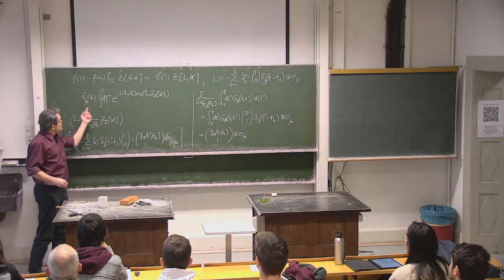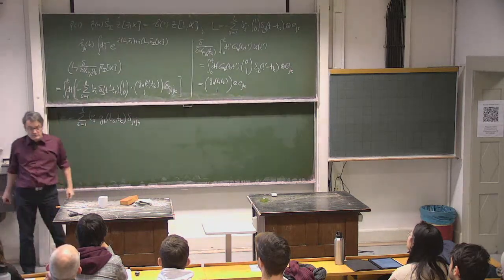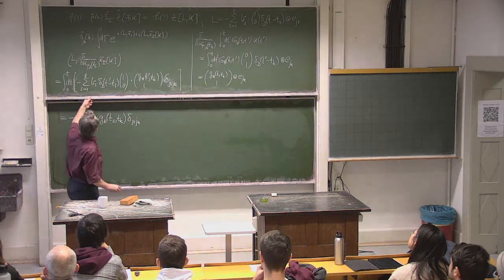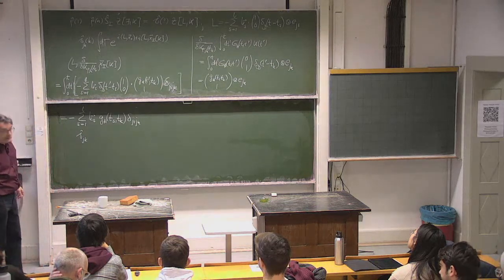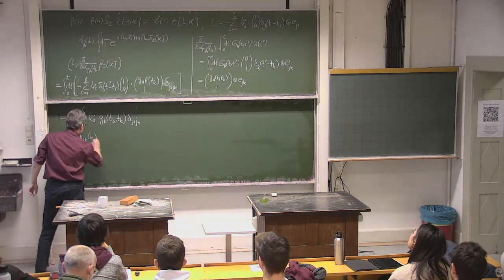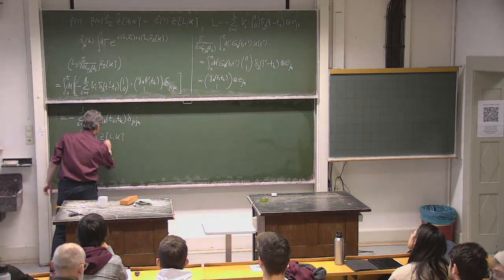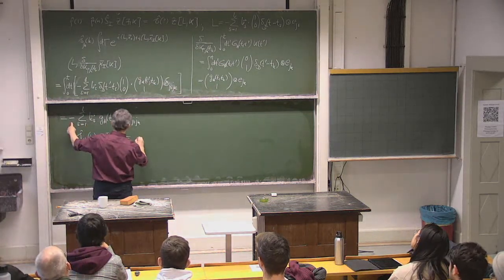So what remains is a simple response field factor, namely this thing here, times now the generating functional with k equals 0. So in other words, if you apply the small b response operator of k to the generating functional, you get this response factor here.